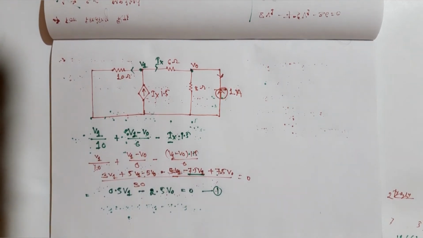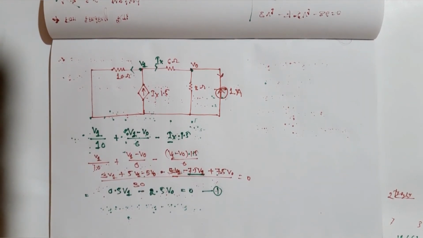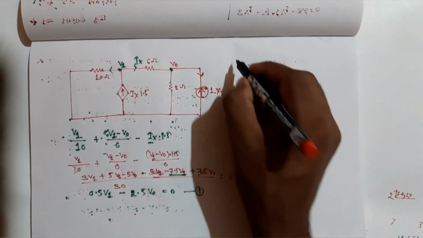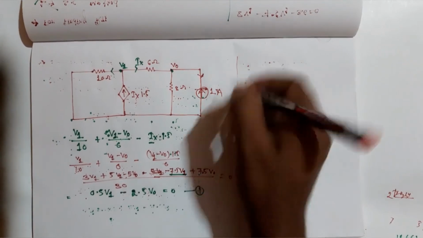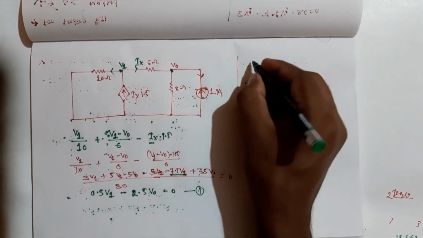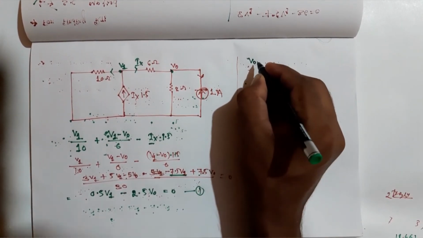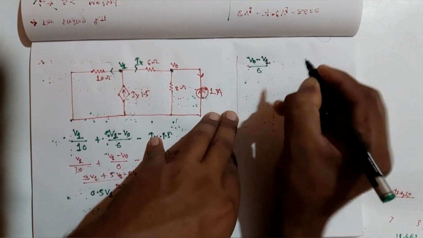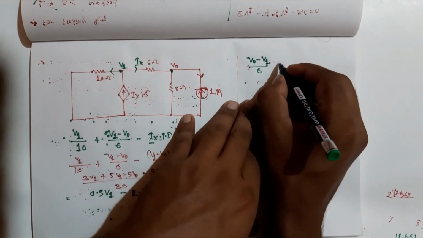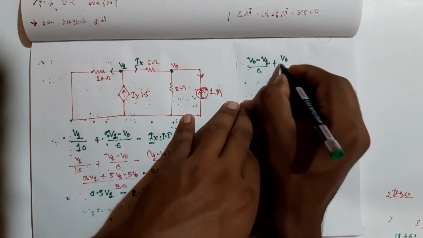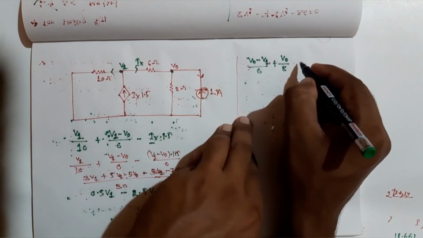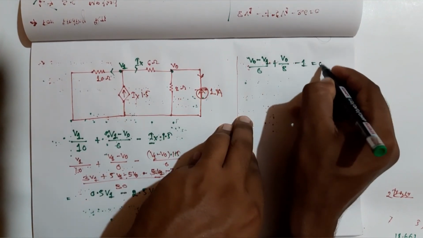Next, apply the node equation at V0. So V0 minus V1 divided by 6, plus V0 by 8, then this current is upward, so minus 1 is equal to 0.